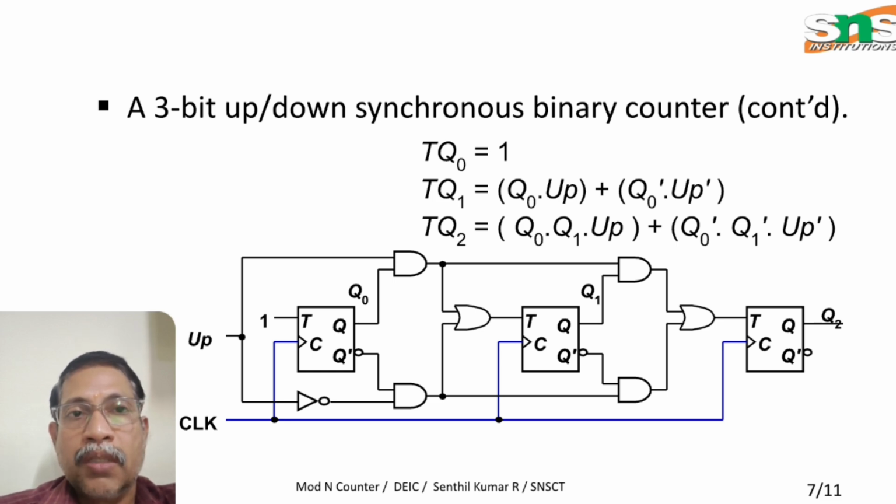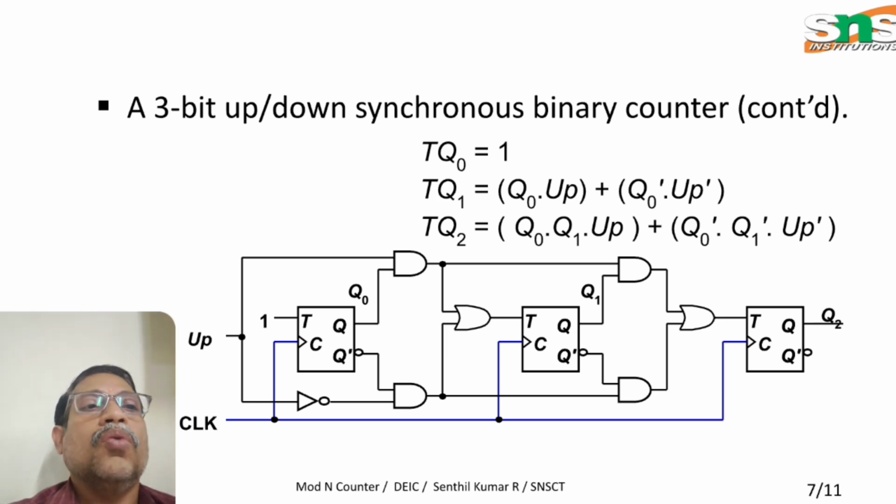When it is 1, it is an up counter. When it is 0, it is a down counter. The first flip flop is Q1, which is your LSB, and the extreme right is your MSB, most significant bit. It is Q2, Q1 and Q0. Therefore, this logic diagram represents a 3-bit up-down synchronous binary counter.